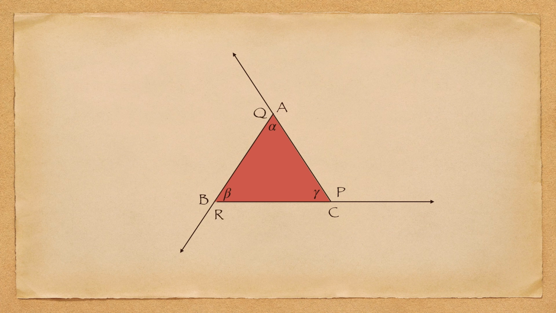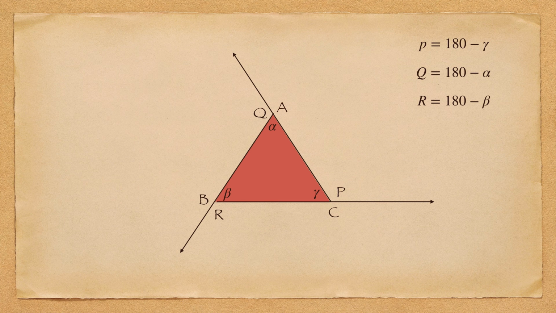So what will be the value of P now? Looking at the angle of a straight line, can we write the value of P as 180 minus gamma? Similarly, can we write the value of Q as 180 minus alpha? Similarly, with R as well, can we write it as 180 minus beta?